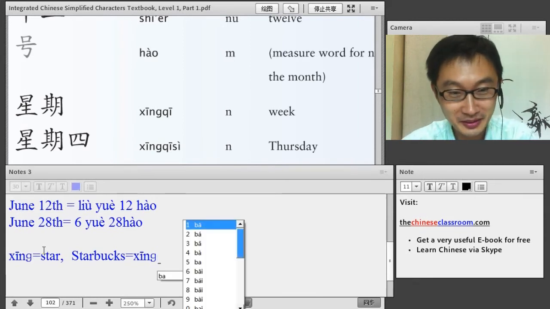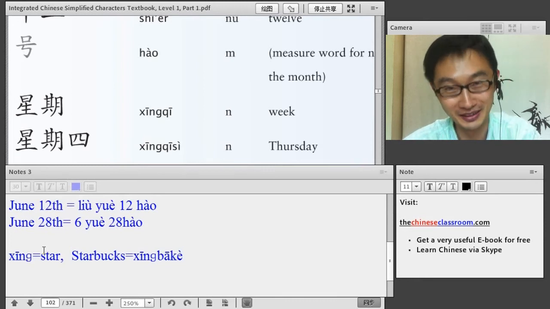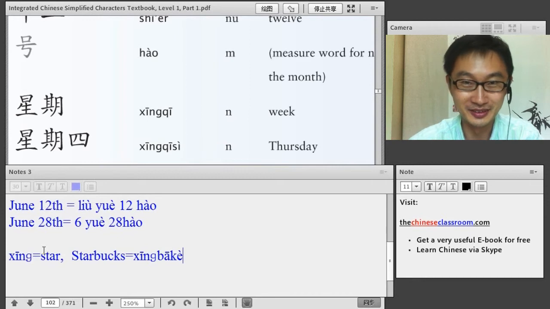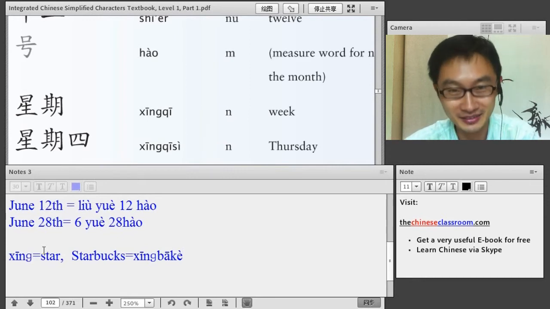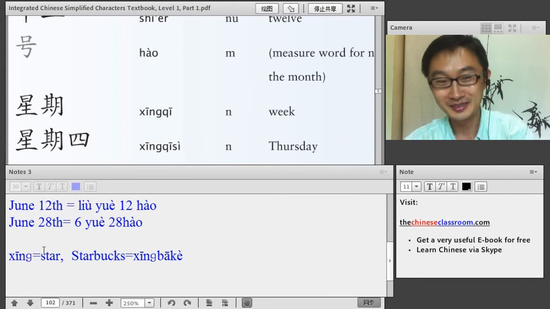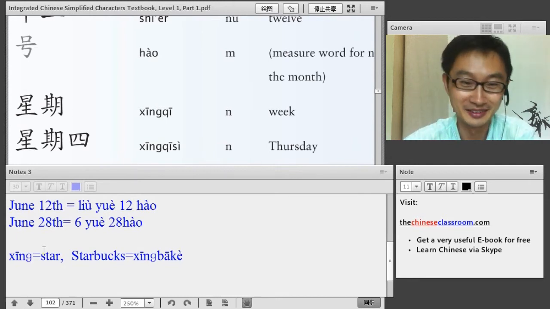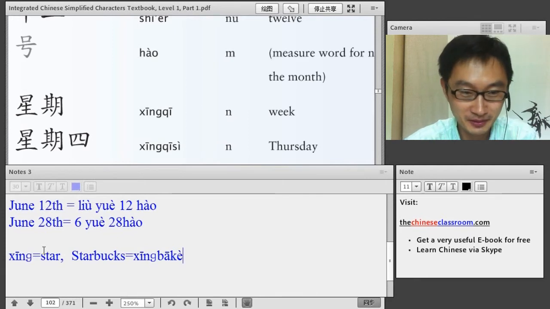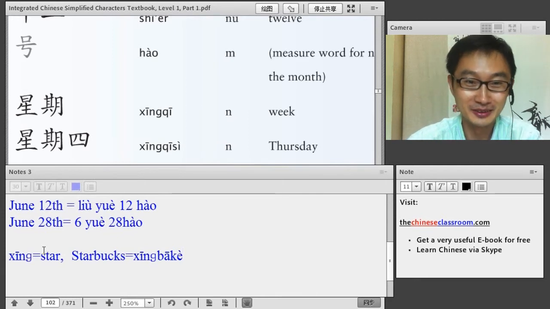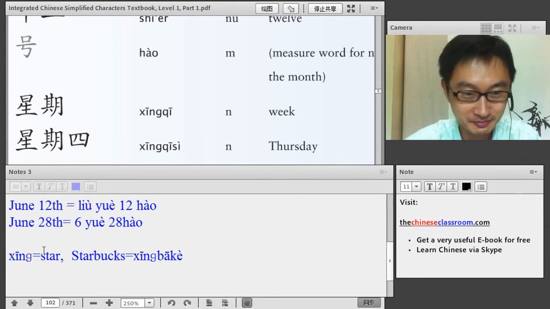We just say 巴克, because it sounds like box. We say 巴克, 星巴克. That translation is very interesting because it makes use of both meaning and sound. For star, we use meaning. For box, we use sound. So 星巴克. Next time, if you want to go to Starbucks, you can ask 星巴克.